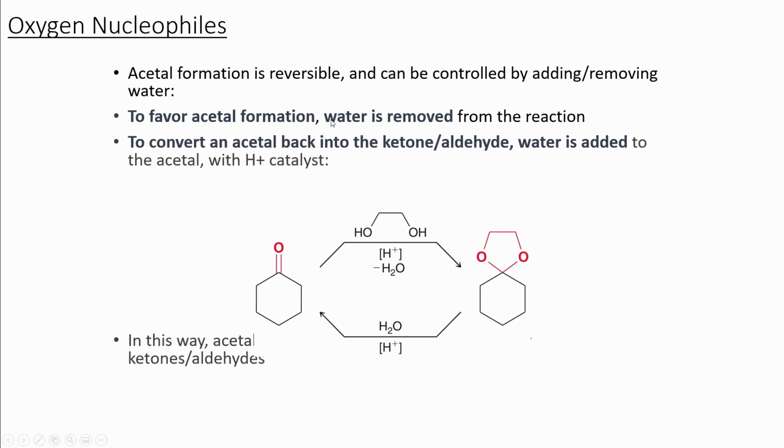So we can use the acetal formation reaction to convert the ketone into this acetal, and if we add excess water and acid, we can convert the acetal back to the ketone. So if you remember when we were doing the Grignard reactions in the past, we used protecting groups on our alcohols.